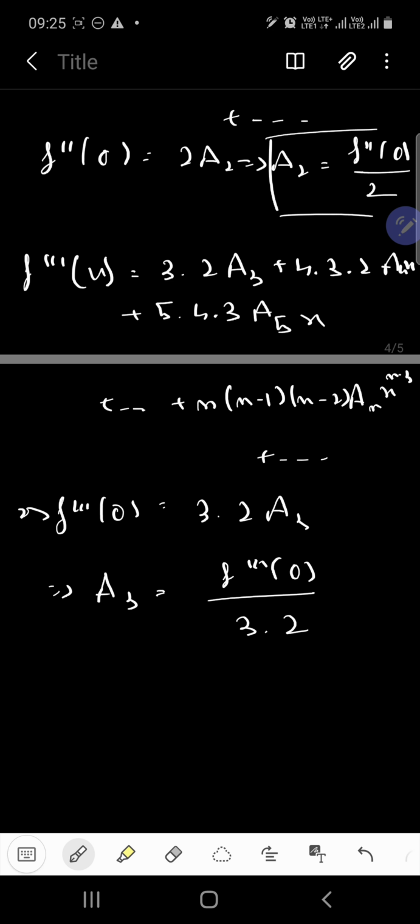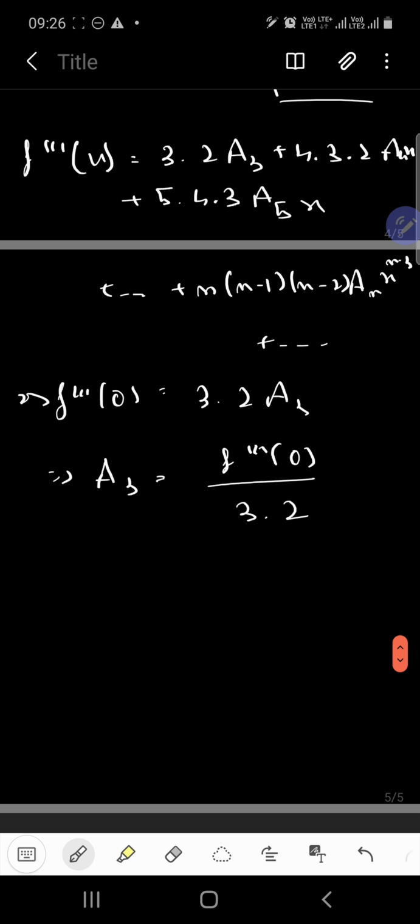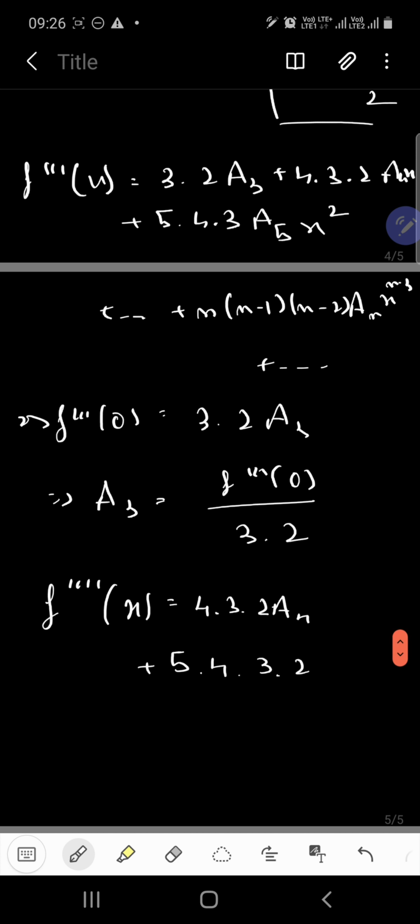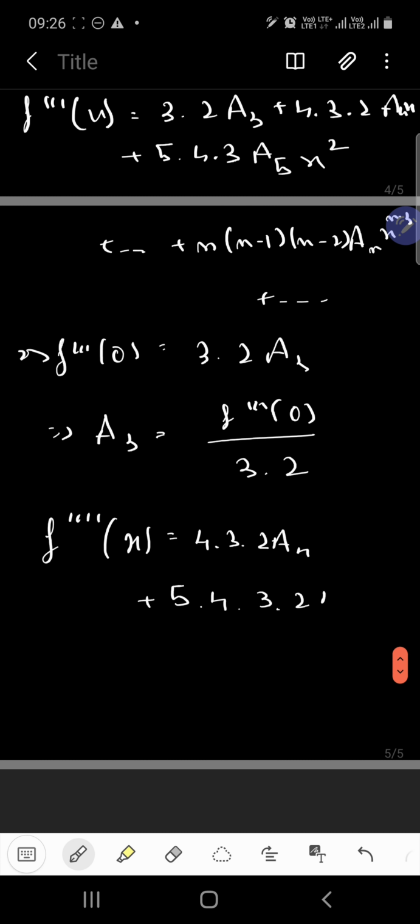Clear? Similarly, if we find the fourth derivative, that is f 4 dash x, what do we get? We are going to get 4 times 3 times 2 a4 plus 5 times 4 times 3 times 2 a5x.